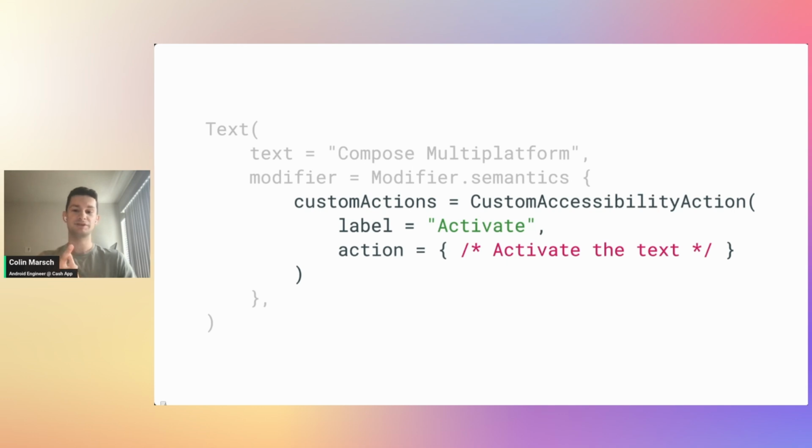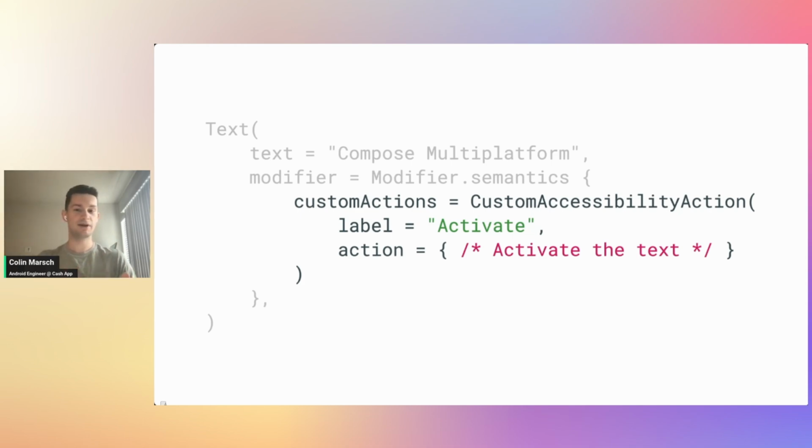So the label in this case is activate. That is just the name of the action we want to convey to the user, what it will sort of do. And the action is a lambda, which will be run when the customer takes that action. So in this case, for activate, I just put a comment here, but we could have any behavior in there we want to activate this text.